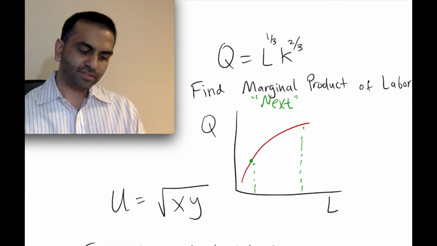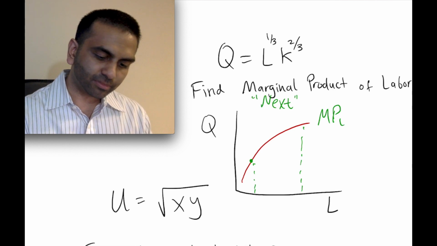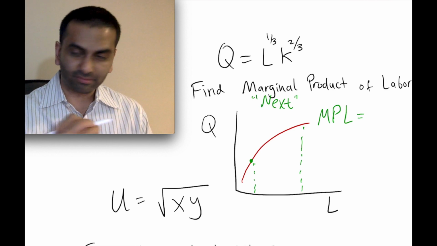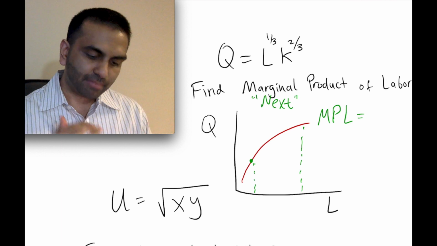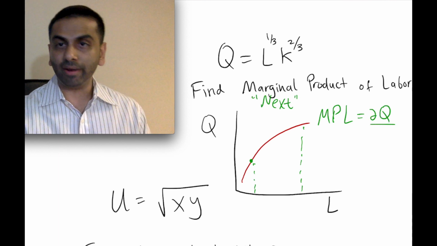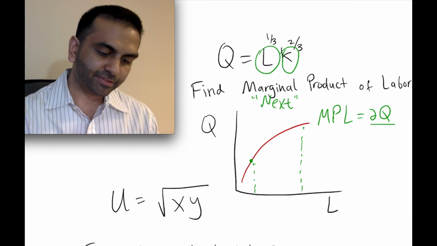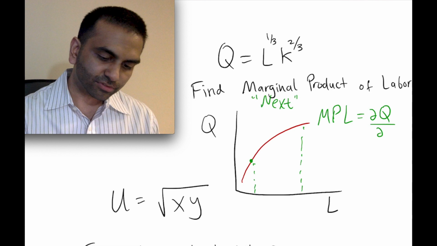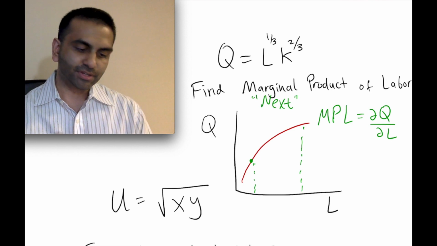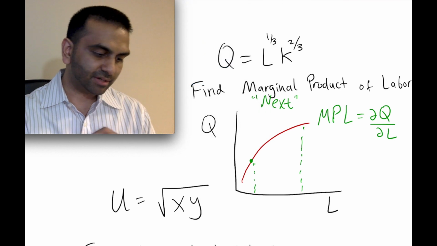So if I were to say, find the MPL, the marginal product of labor, first of all, mathematically, the MPL is just the derivative of quantity. But this is a partial derivative because there are two variables here, so we have to specify with respect to L. If we want to find that, we just take the derivative.